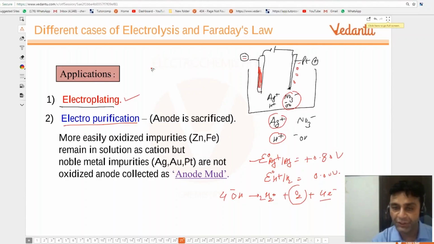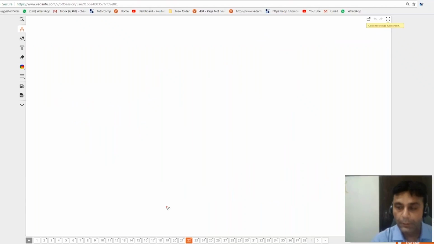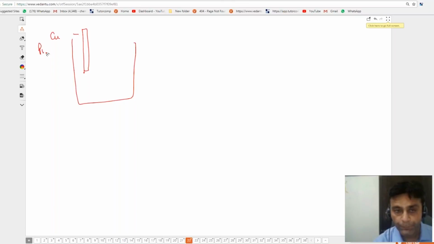In the electropurification, what we do is take copper, and this is an impure copper. Here I take a pure copper, and here we have impure copper.